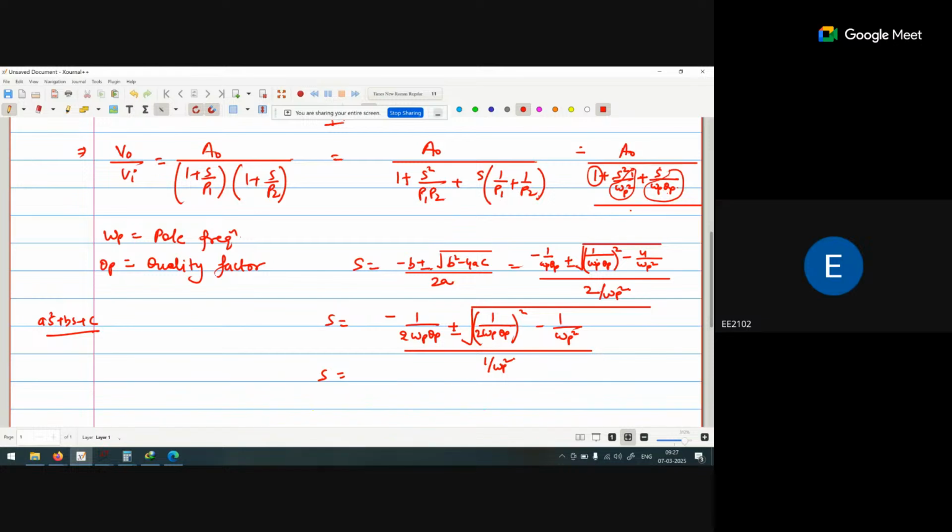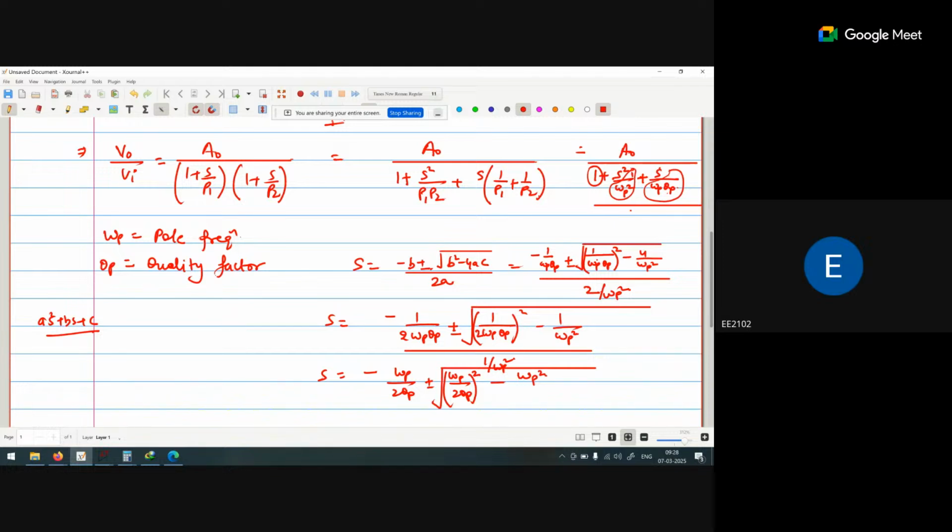So s is equal to minus omega p upon 2 qp plus minus root of (omega p upon 2 qp) square minus omega p square.